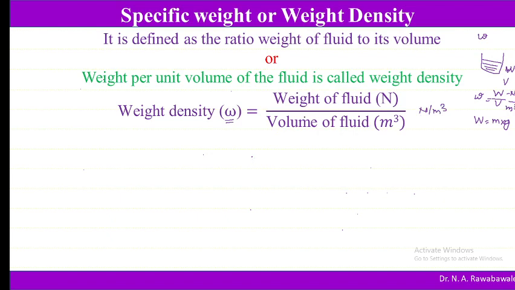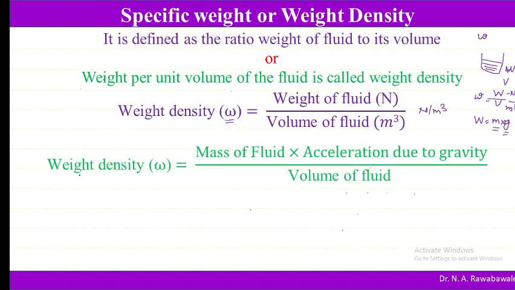Then writing the weight of fluid as mass of fluid into acceleration due to gravity, we can rewrite this as weight density is equal to mass of fluid into acceleration due to gravity divided by volume of fluid. Acceleration due to gravity is represented by small g.